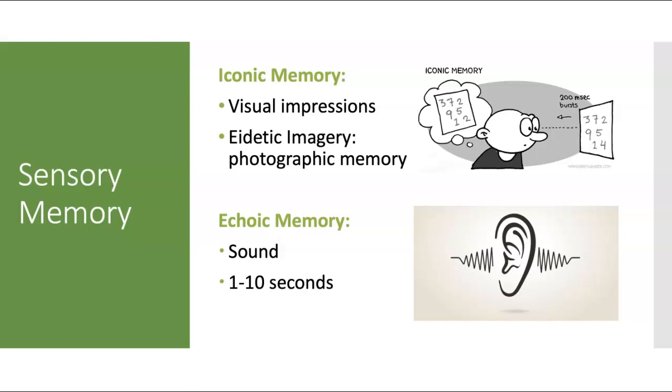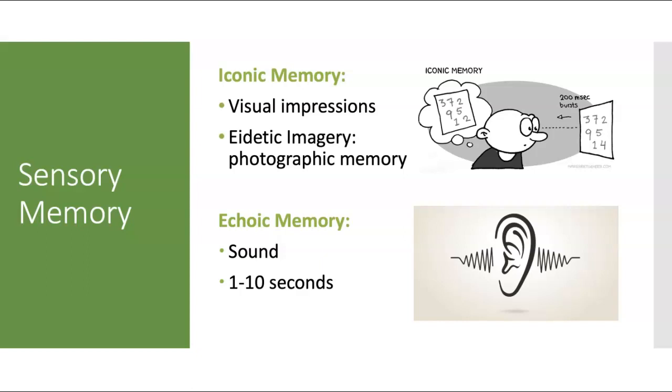In this situation, you are processing the information on a slightly deeper level, and so the image of that red t-shirt will be stored into your short-term memory. So if the information is important or we pay attention to it, that is when that gets transferred into short-term memory. If it's not important, we forget it.